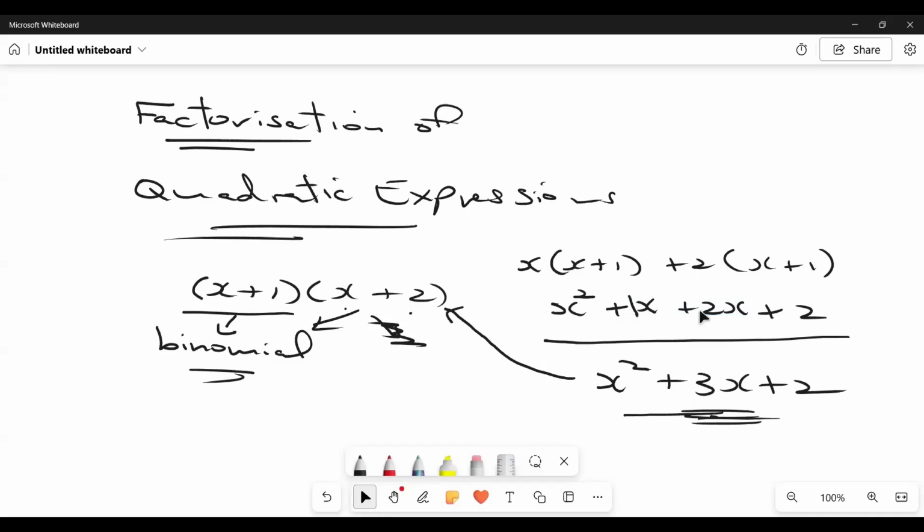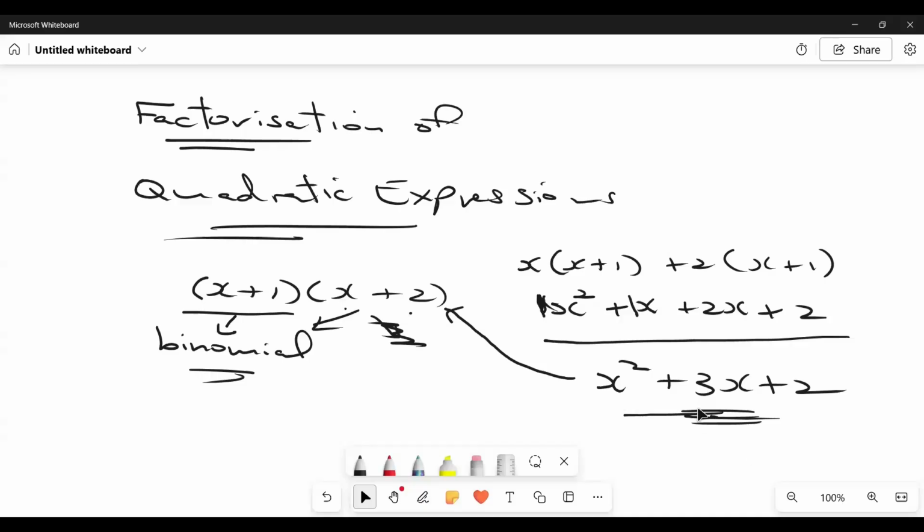These two numbers are chosen in a special way. When you add them, you get 3. And when you multiply them, you get the number in front multiplied by the number at the end, in this case 1 by 2, which is 2.